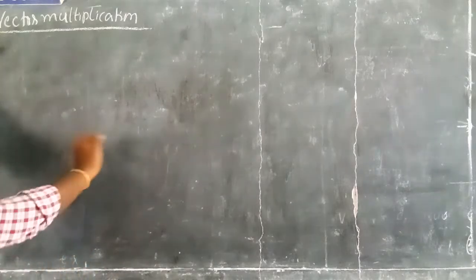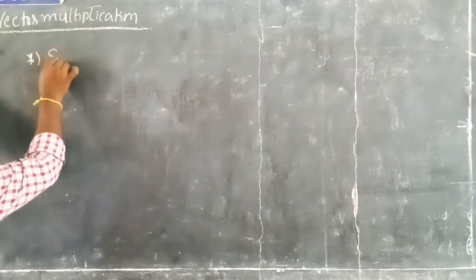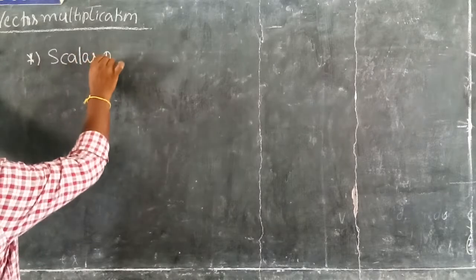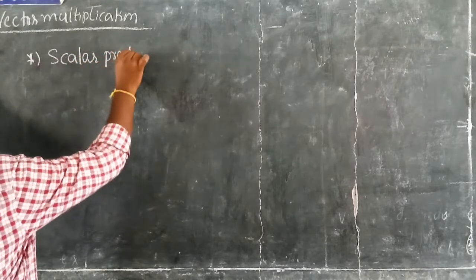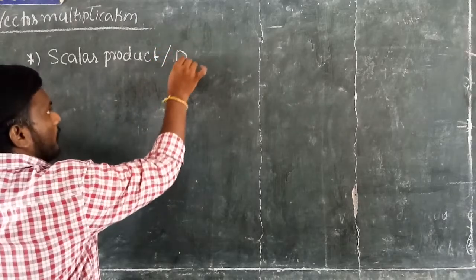In vector multiplication we are mainly focusing on the scalar product, which is also called the dot product.